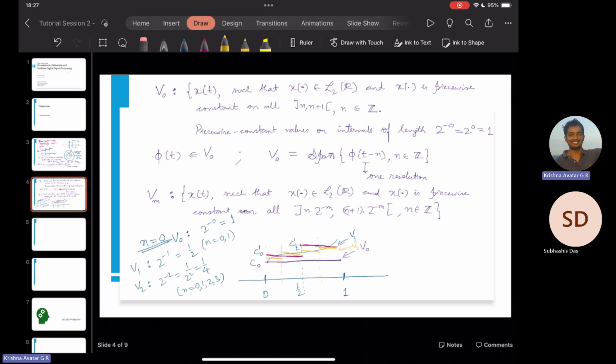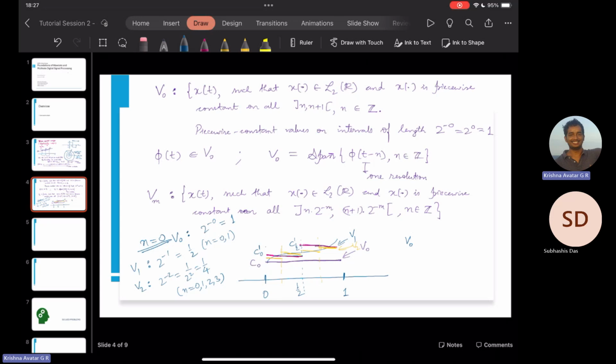And as you recall, intuitively, V naught can be approximated by signals, or by wavelets, which belong to V1, right? Because all that you need to do is bring this red color down here and this red color also down here, right?